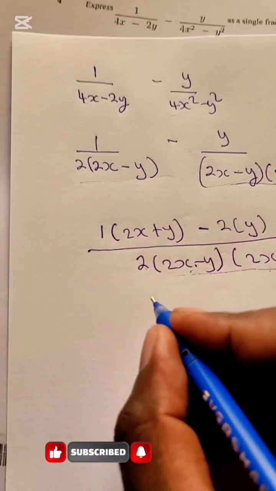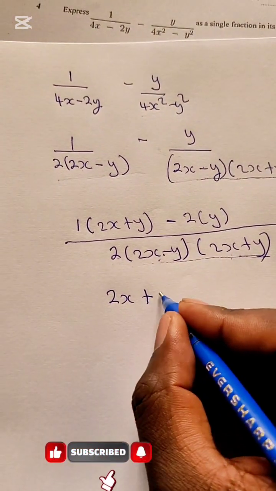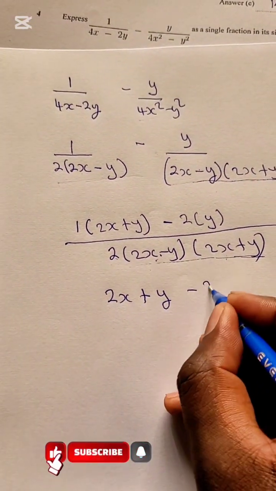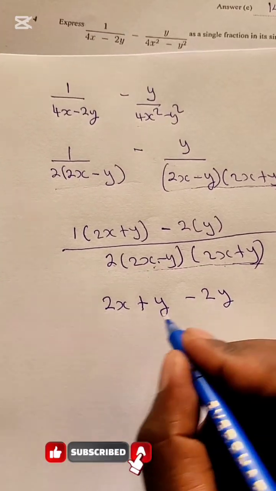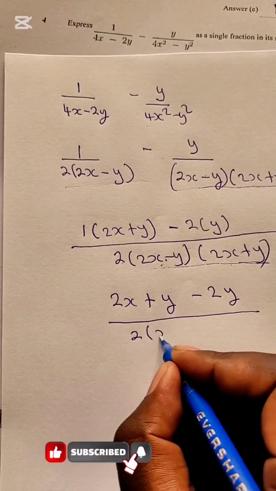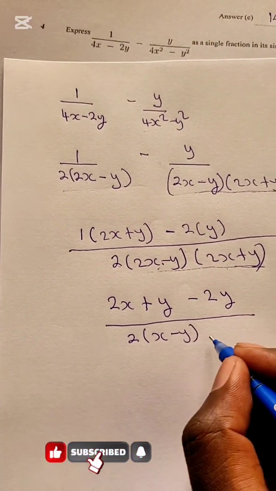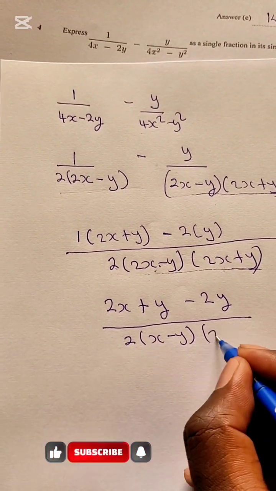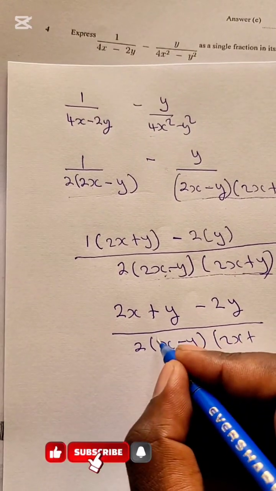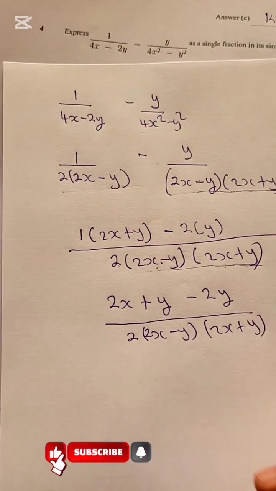So 1 times 2x is 2x, plus 1 times y is y, minus 2y, all over 2 open bracket x minus y, then 2x plus y.